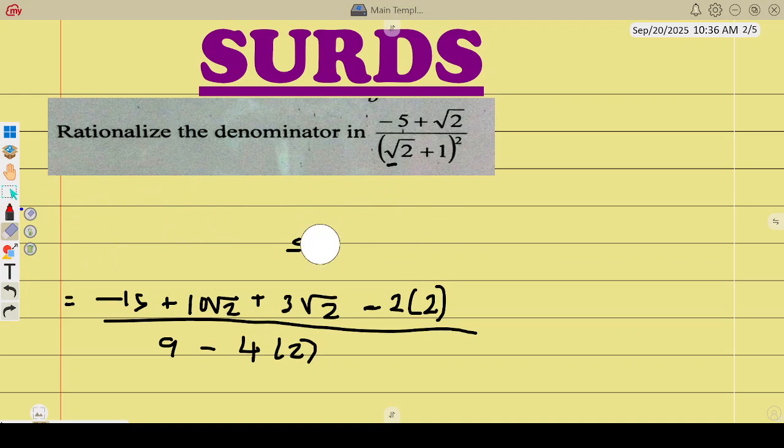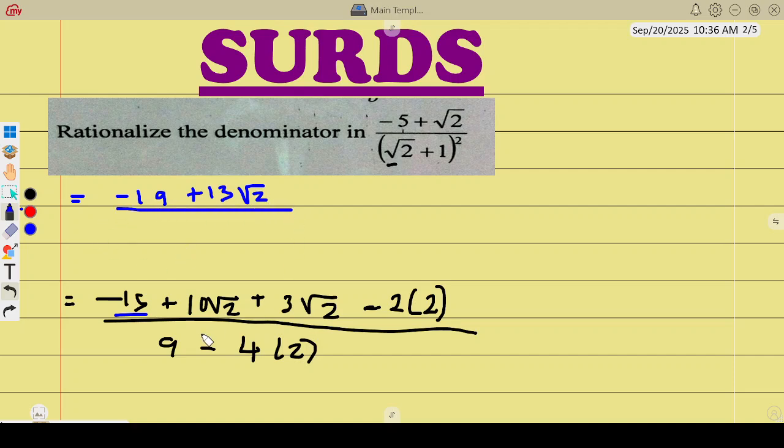So we continue simplifying. Negative 15 minus 4, this one is 4 here. So negative 15 minus 4, that's negative 19, plus 10 plus 3, this is 13.